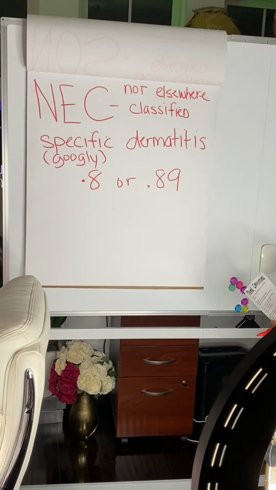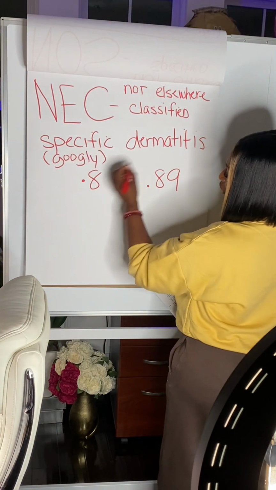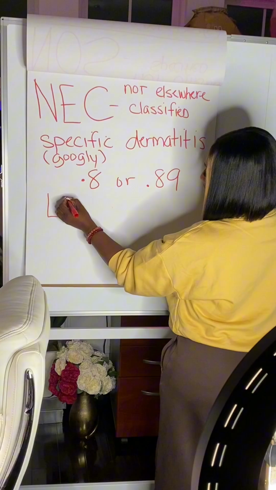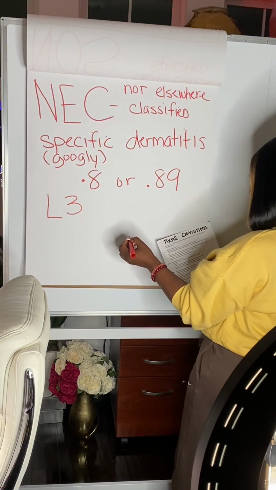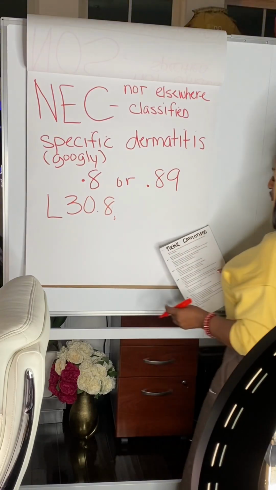Stay with me, guys. I made sure I picked the simplest things because it's small parts, simple. And then you just keep applying them year after year, okay? So the code for this googly dermatitis would be L30.8. This is the description.